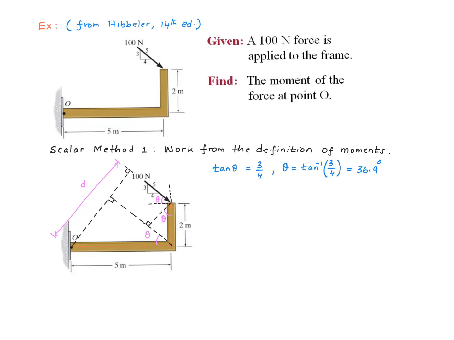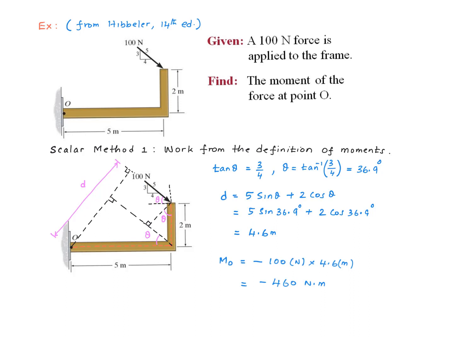Then I want to find this, which is exactly equal to this distance, and that distance can be found by considering this little triangle, and this is 2 meters, this is theta, this is 90 degrees, and therefore that should be equal to 2 cosine theta. So I add 5 sine theta to 2 cosine theta, that's my d. So I get a value of 4.6 meters for little d.